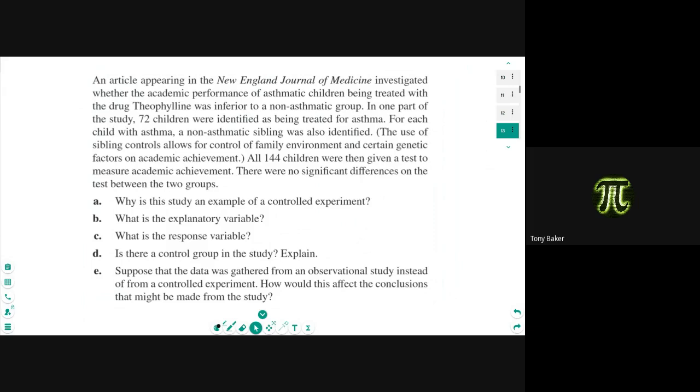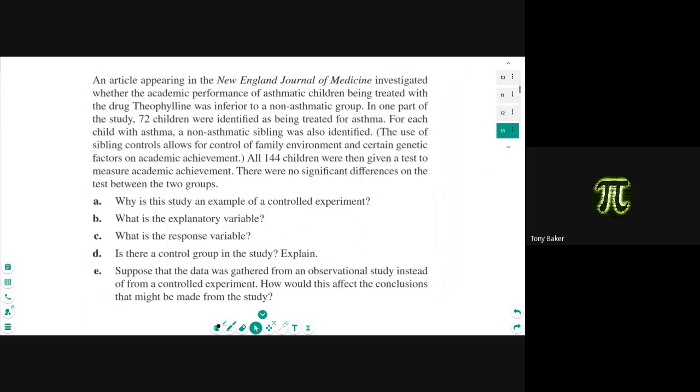Must be in the placebo group. All right, so why is this a controlled experiment? I don't know why they asked it that way, but they're controlling the variable, and also at the end it says there were no significant differences on the test between the two groups, which also shows that they are acting upon it, and therefore it is a controlled experiment.